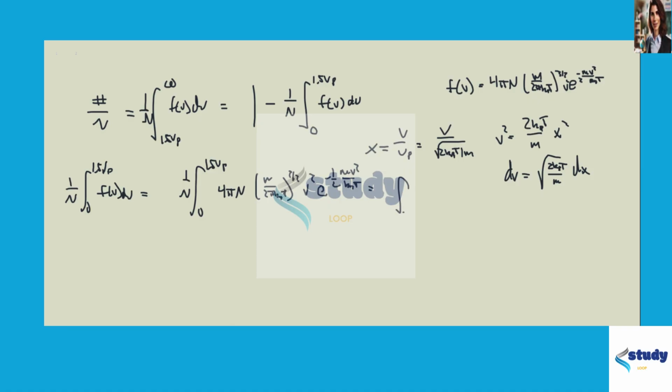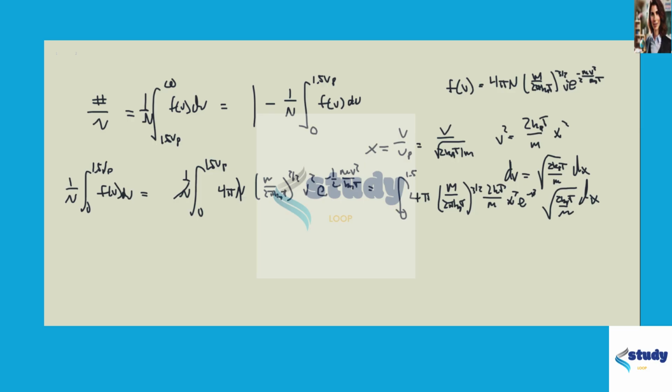Now switching to our x variable, 1.5 vp is just 1.5 in x. The N's cancel out, and we're left with 2 pi kB T to the 3 halves, 2 kB T over m x squared, e to the minus x squared, square root of 2 kB T over m dx.